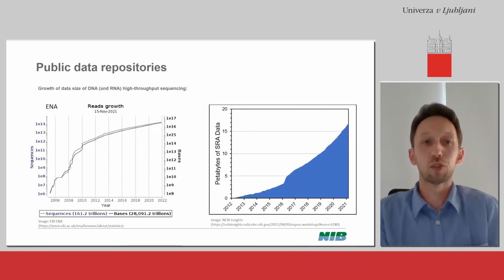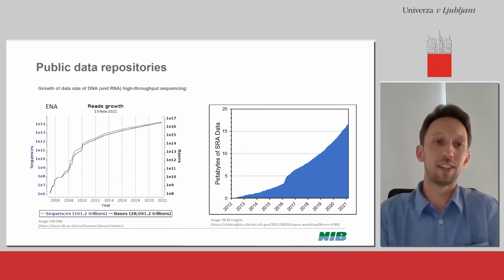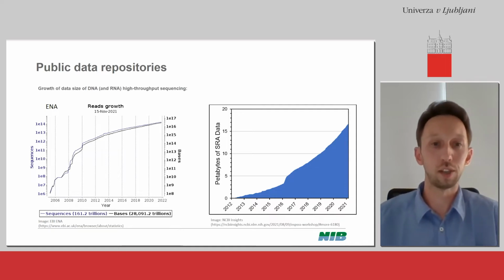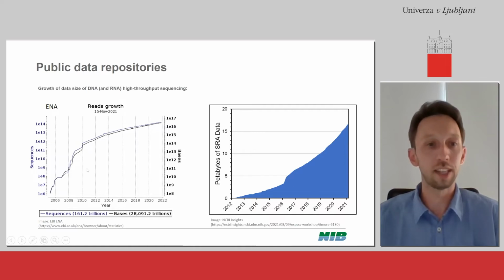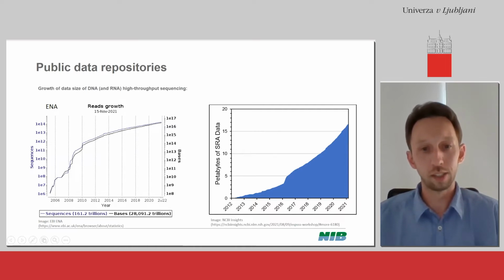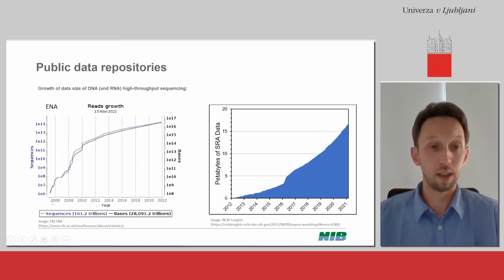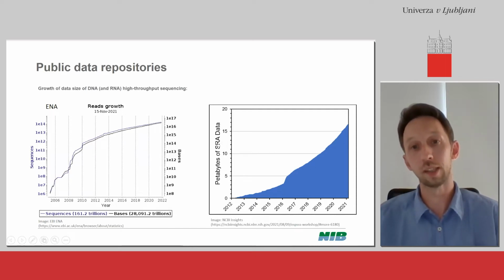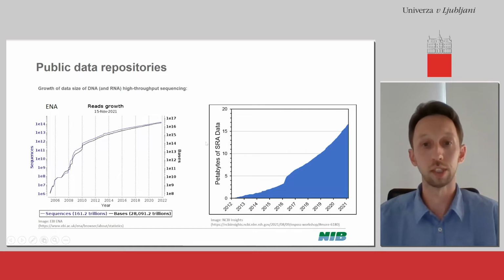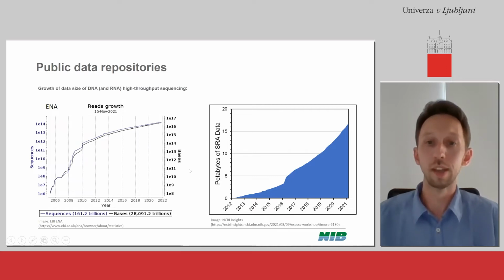So this slide is just to show you how quickly the data is growing in high throughput sequencing of DNA and RNA. So you can see this is from 2022. You have 160 trillions of sequences. And this is from the ENA database, and the SRA database is actually synchronized, so they are copied.